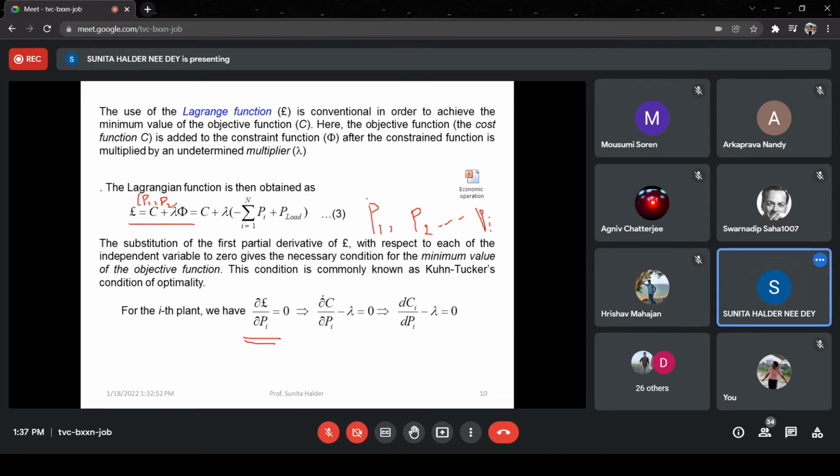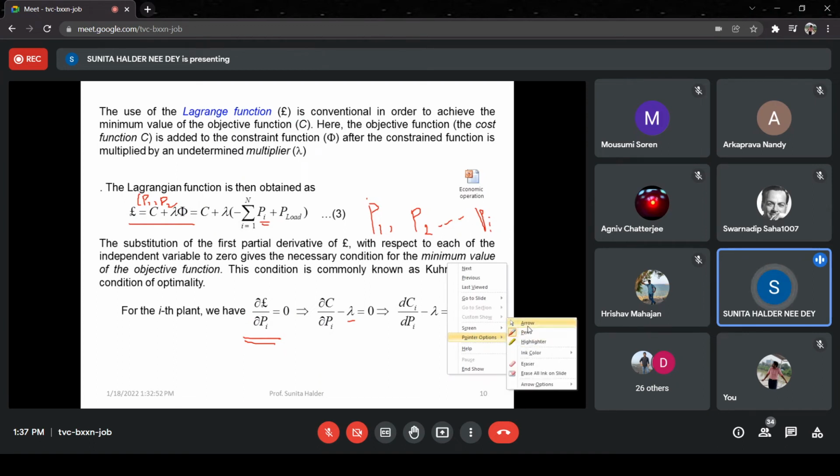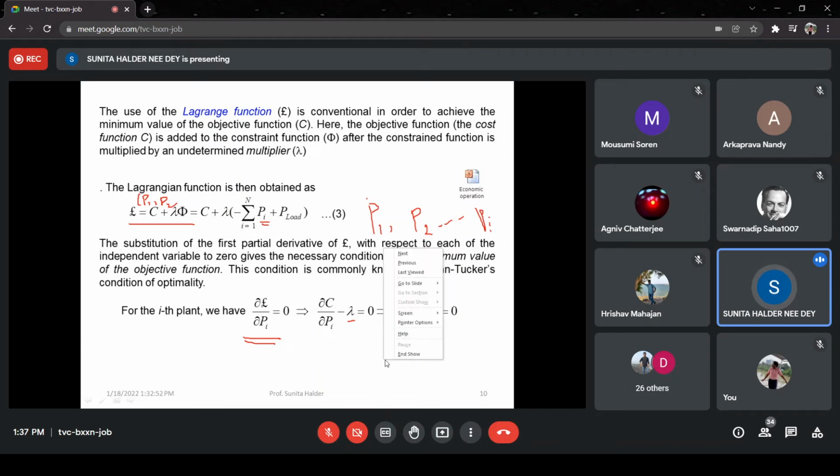In this part only will pi come in the derivative, so it will be minus lambda. And C is also a function of all variables p1, p2 up to pn, so it is the partial derivative del C by del pi. Among the costs there are C1, C2, Ci up to Cn, right?